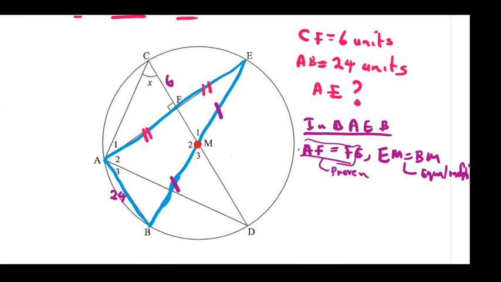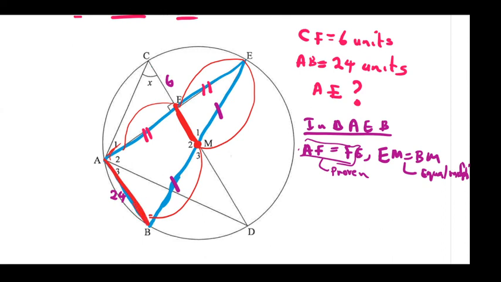Fine. So why am I using this? Is because if you remember your midpoint theorem, it says that if this side here is equals to this side here, and this side here is equal to this side here, therefore this middle line is going to be half this one here.